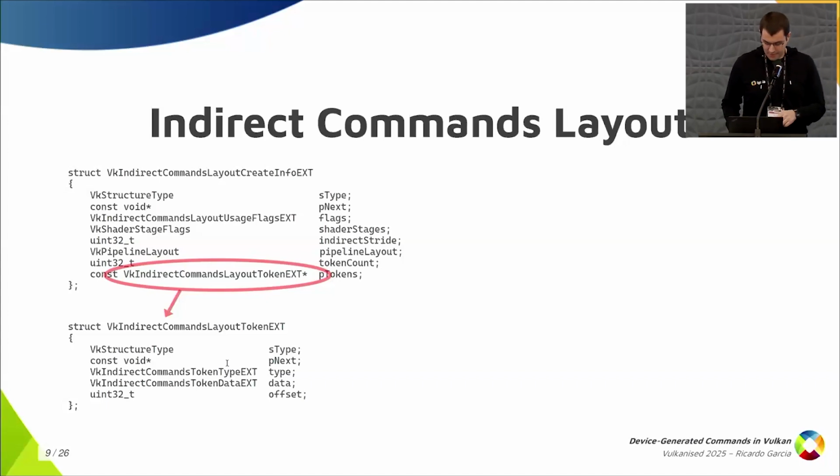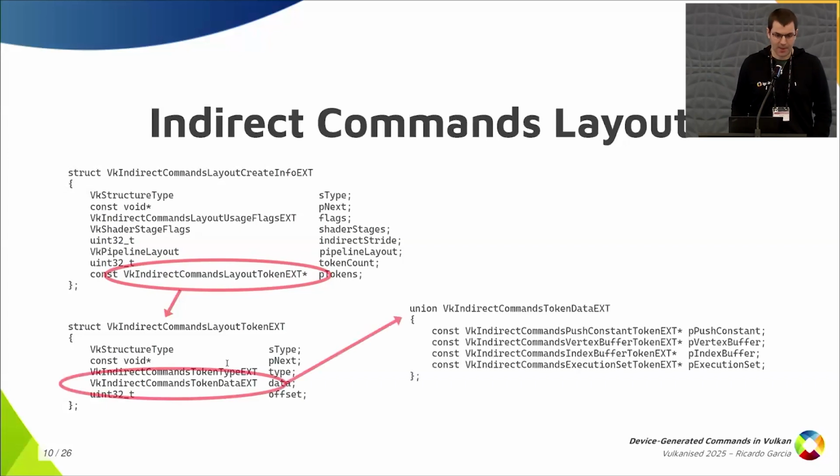And then there's also the token data, which allows you to pass the information that I was painting in green in other slides, like information to be able to run the command with some extra parameters. Only a few tokens, a few commands need that. Depending on the command, you have to fill one of the pointers in the union. But most commands don't need this kind of information. Knowing which command it is, you just know you are going to find some fixed data in the buffer, and you just read that and process that.